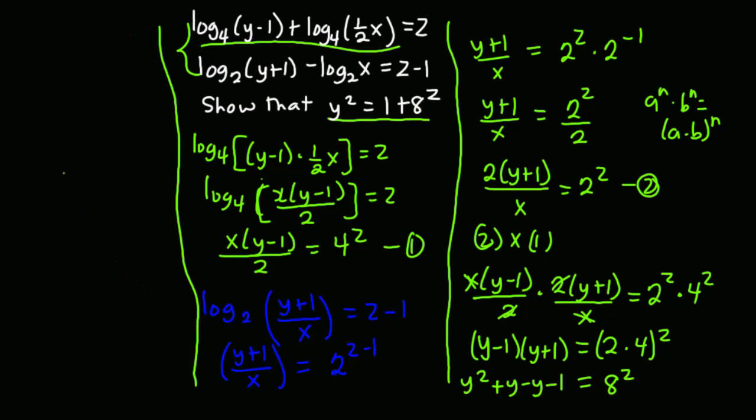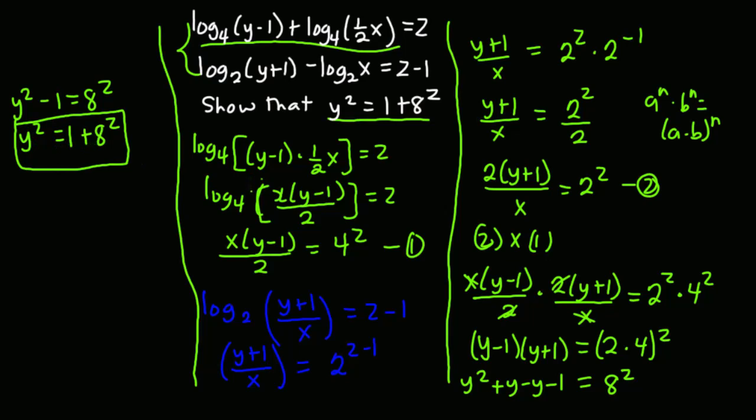And so we are going to get y squared minus 1 is equal to 8 exponent z. Therefore, making y squared the subject, we get y squared is equal to 1 plus 8 exponent z. And therefore, we've been able to prove that y squared is equal to 1 plus 8 exponent z.